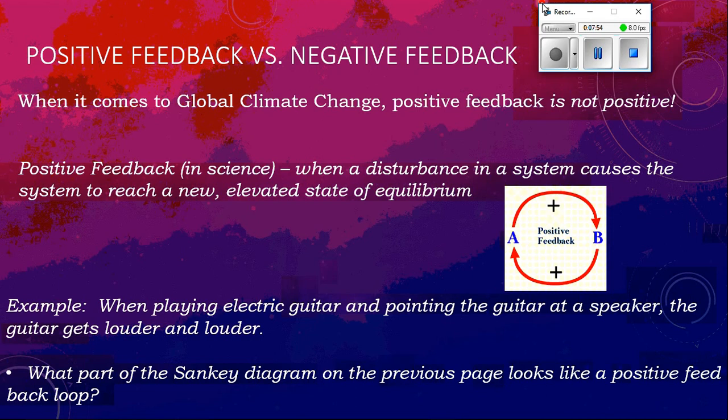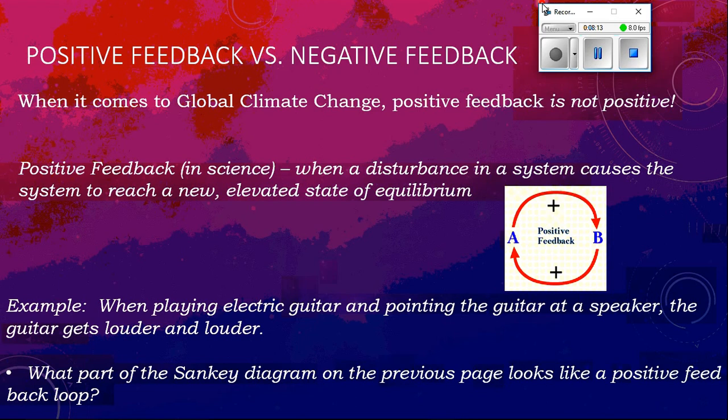The definition of a positive feedback loop is when a disturbance in a system causes the system to reach a new elevated state of equilibrium. The elevated state of equilibrium in our case is an increase in heat and temperature between the atmosphere and the Earth.